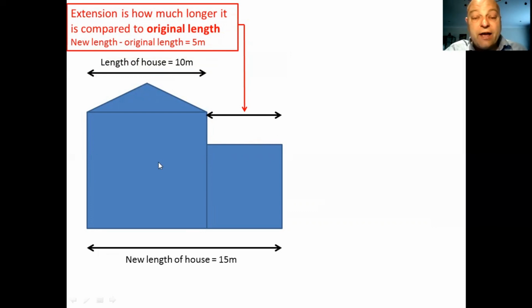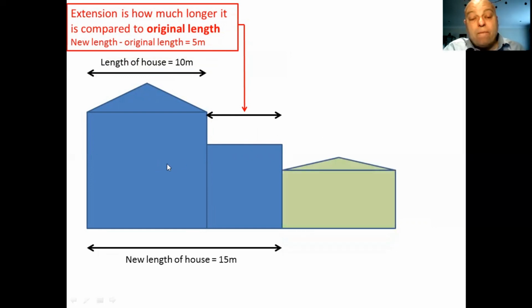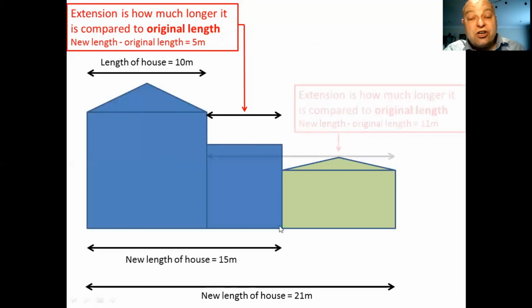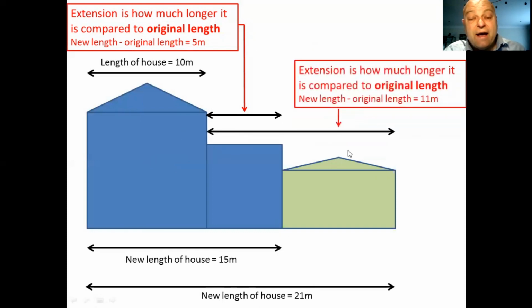That's a very simple idea. But what happens if you decide, actually, I do like the extension, but we could do with a little conservatory on the back for the summer as well. So there's our little conservatory. Now, the new length of the house is 21 meters. Now, this is the bit that people often get wrong. The extension is how long it is compared to the original length of the house.